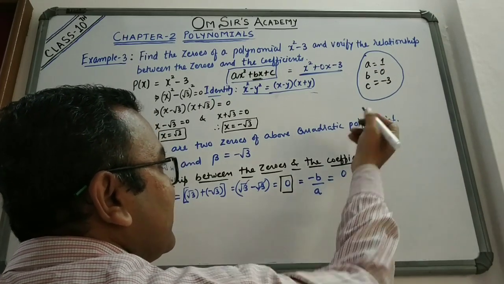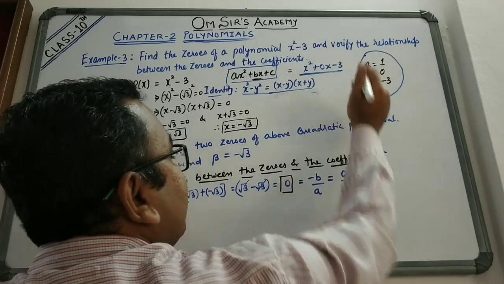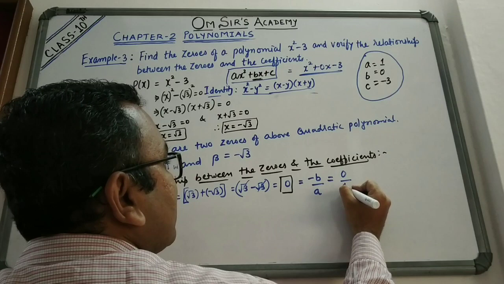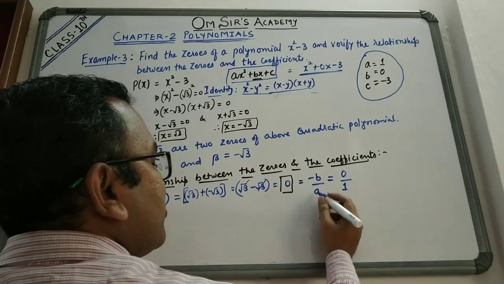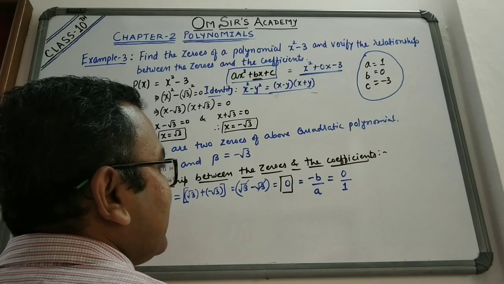Minus 0, so it is 0 only upon a. a is what? a is the coefficient as of x square, so it is 1. Is it clear? So this is equal to what? 0 upon 1, that is 0.